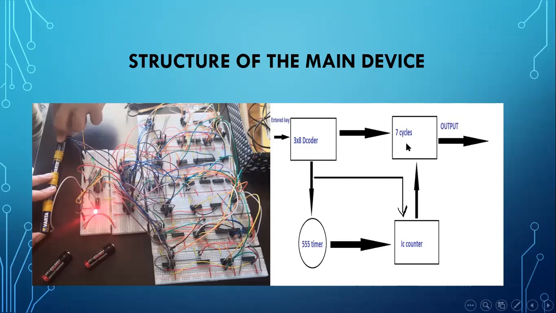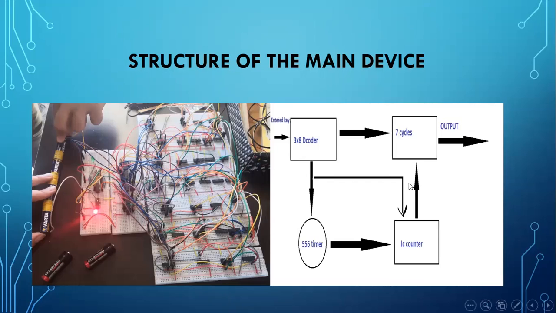Basically, the cycle chosen by the decoder takes the input from the counter, and its output is sent as an output to the end and reaches the comparison part, where the device compares its signal with the signal coming from the user or the one accessing the device.